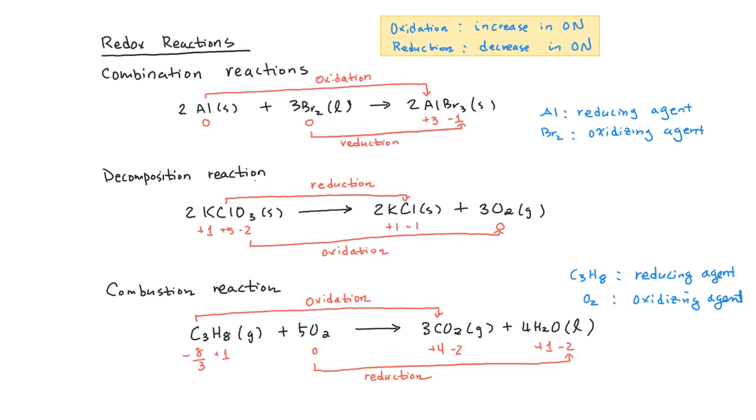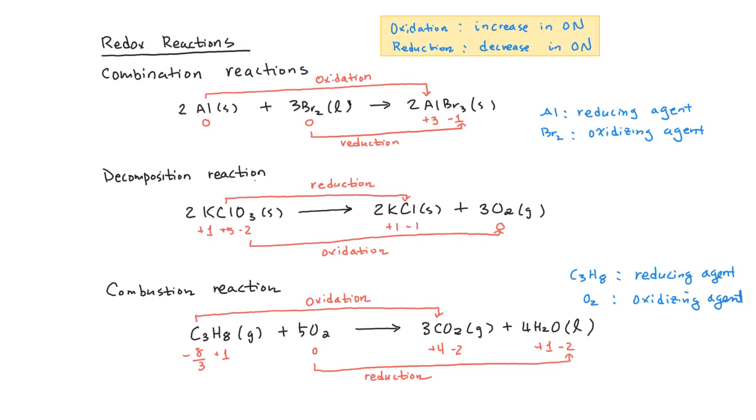When the oxidation number of an atom increases during the chemical reaction, that particular substance underwent oxidation. On the other hand, when the oxidation number of an atom decreases during the chemical reaction, that particular substance underwent reduction.